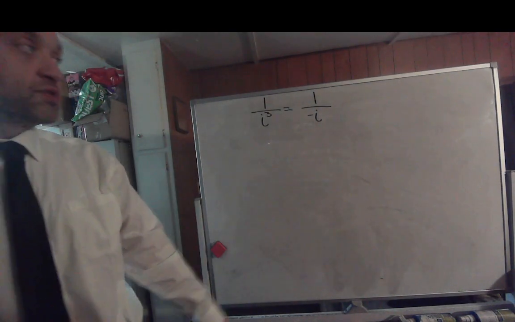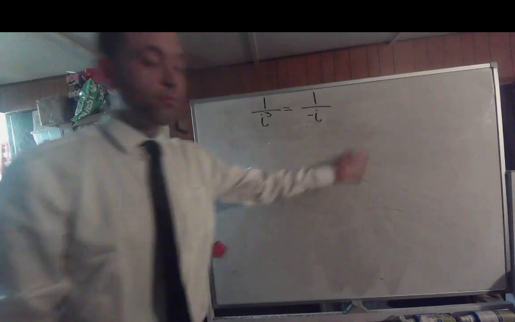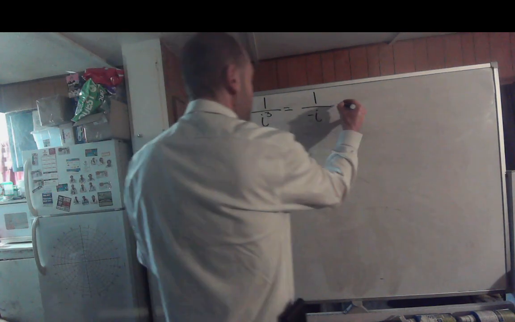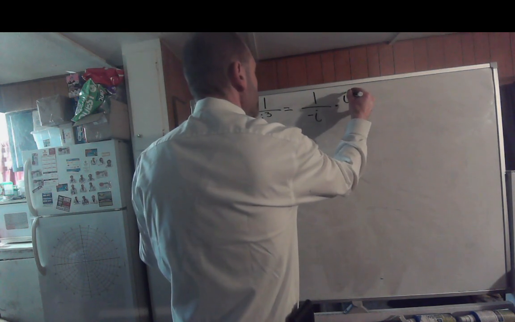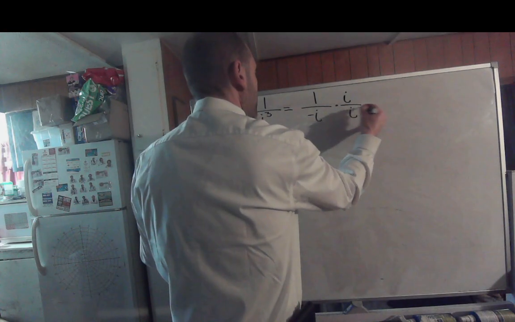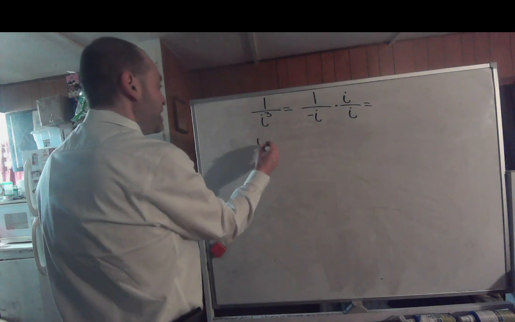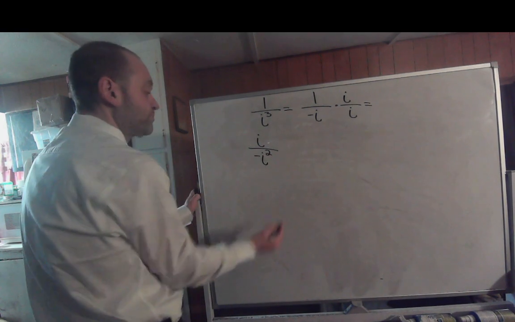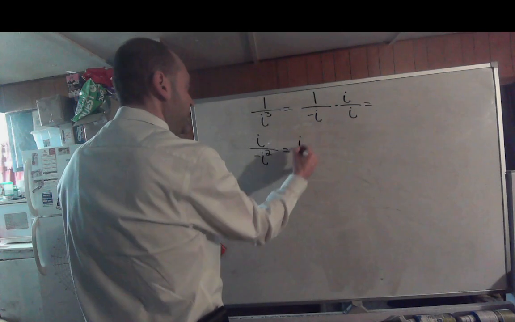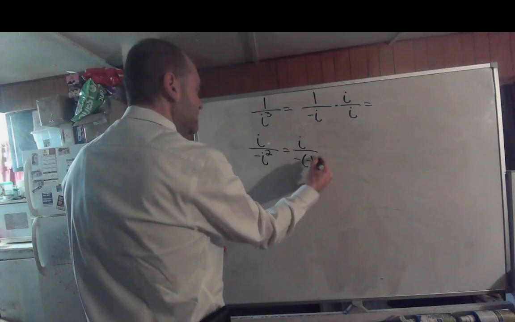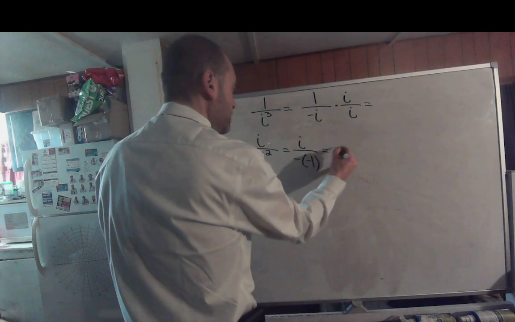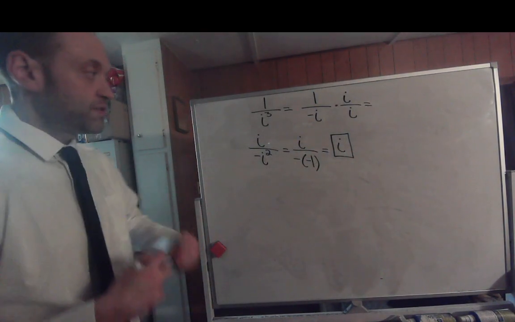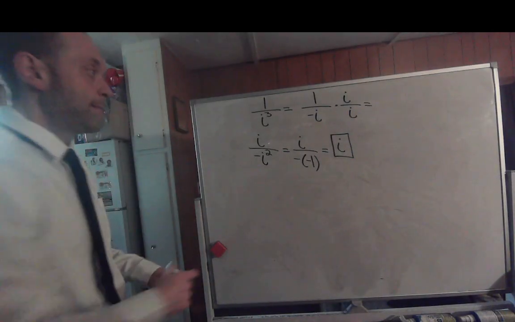So you're going to have to multiply the numerator and denominator by a complex conjugate, which would be 0 plus i, or just simply i. What you'll get is i over negative i squared, which would end up being i over the negative of negative 1, which would be i over 1, or simply i. So 1 over i to the 3rd just converts into i.